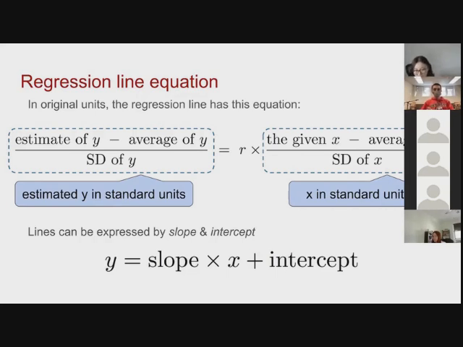Again, lines can be expressed by slope and intercept, and this is true for any straight line. Even if you're not trying to fit a regression line, like in math courses, if you ever think about how to express a straight line, you always have an intercept and a slope as well. For us, we're putting this into the context of data science, and more importantly, how the intercept and the slope can be interpreted in our context.